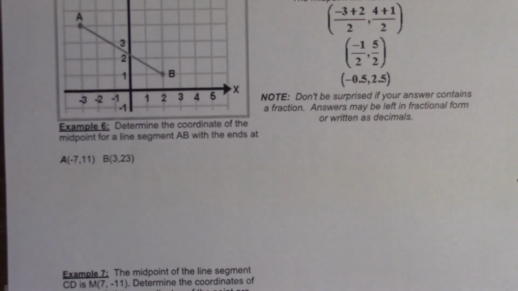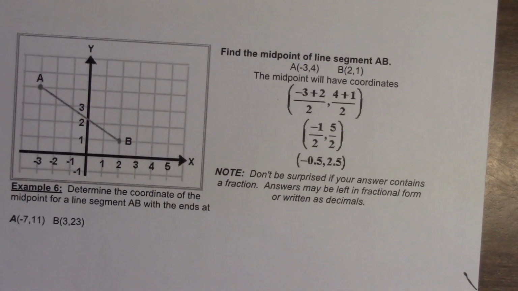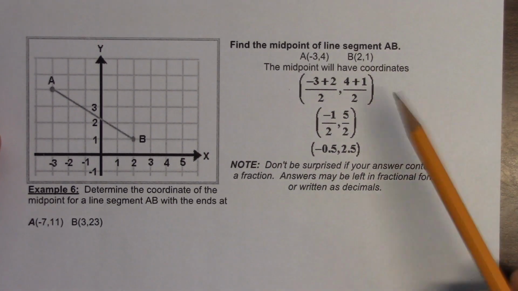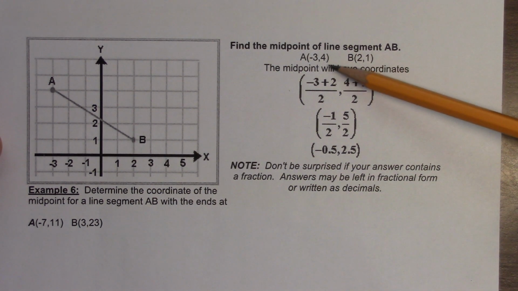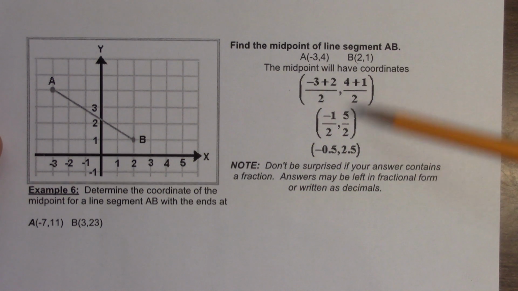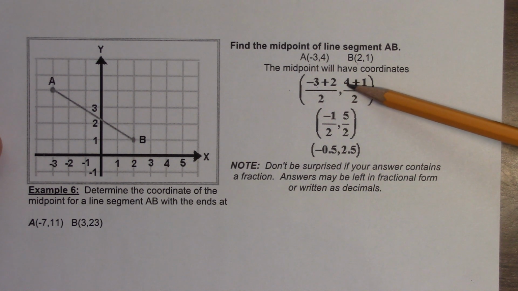Let's try and use it. Okay. Find the midpoint of the line segment AB. So here the work is done for us. Here we have A and B, so we have our x1, y1, x2, y2. Plug that into our formula. Here's our x1, here's our y1.